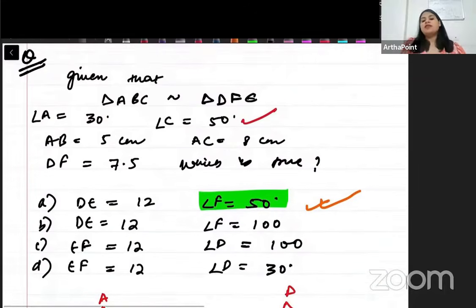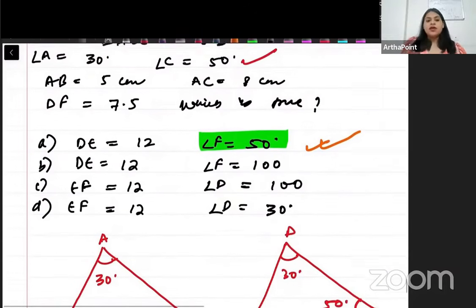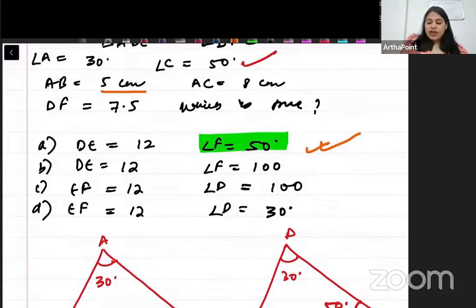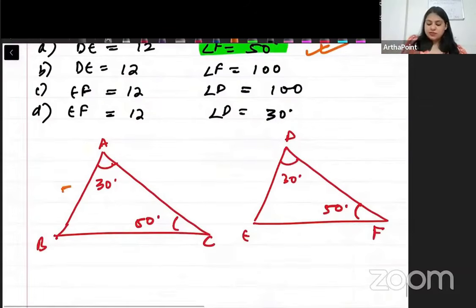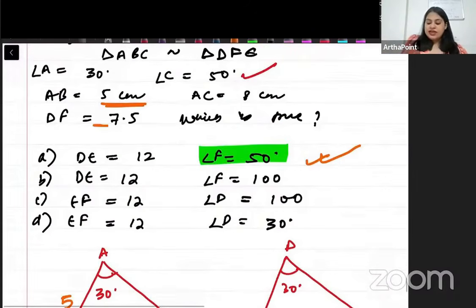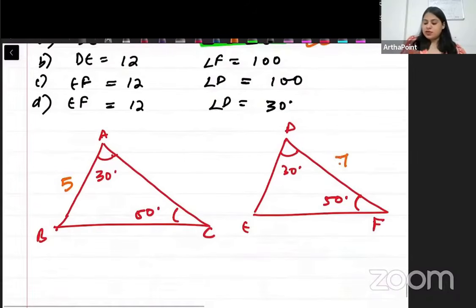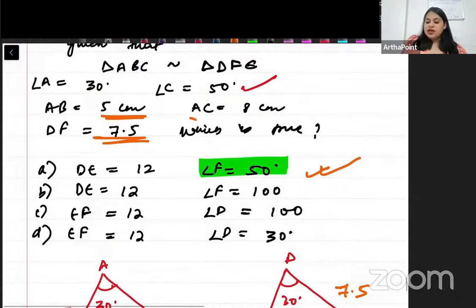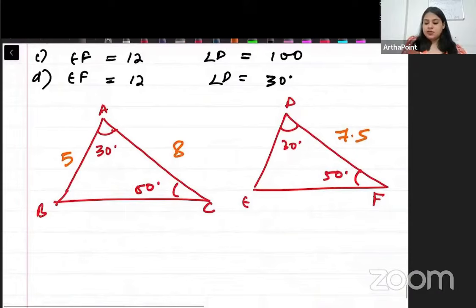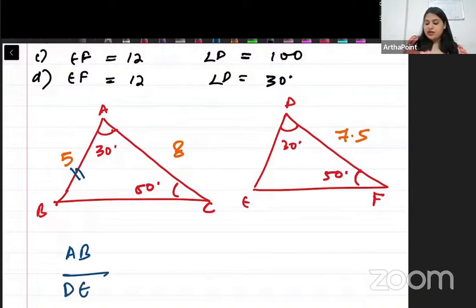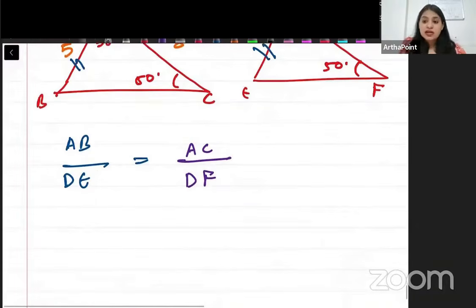Now, let's move one step ahead and try to solve further. Let's find DE as well. AB is 5 centimeters and BF is 7.5 centimeters and AC is 8 centimeters. So beta, we know that AB by DE should be equal to AC by DF because they are similar triangles.